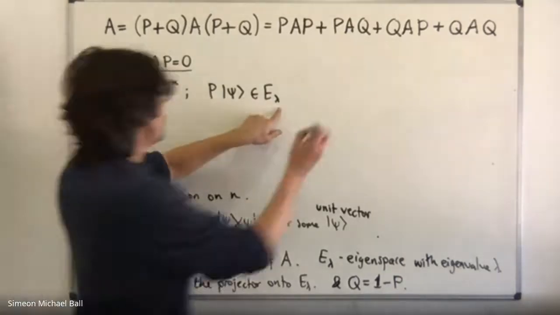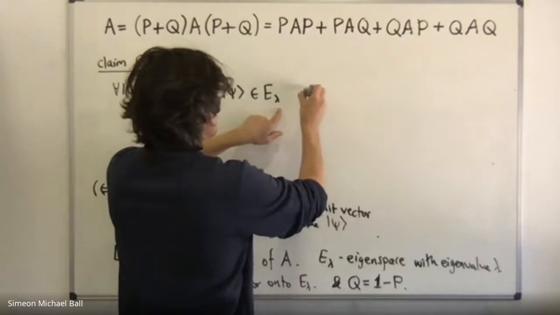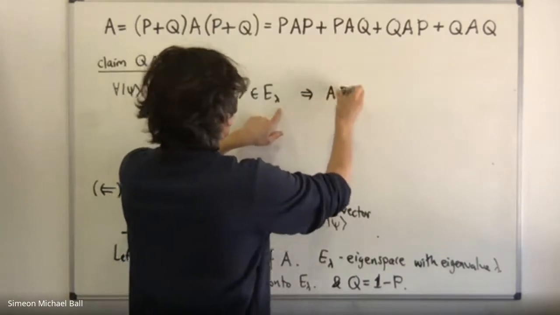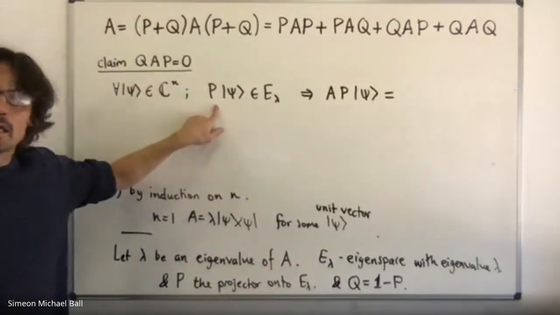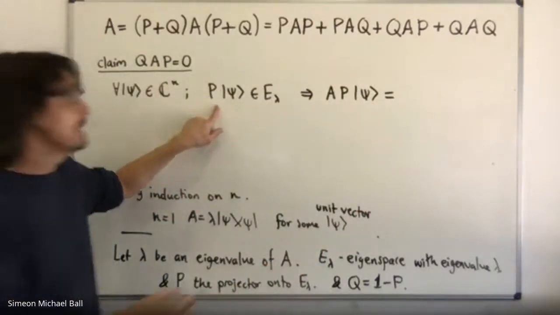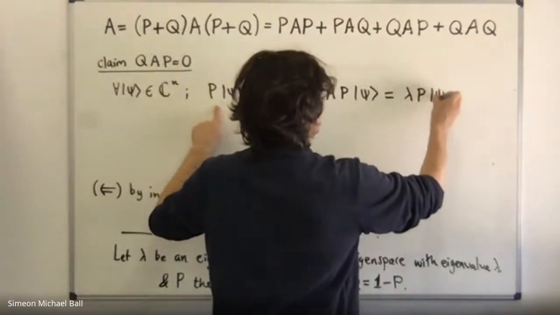So this implies that if I now go from AP, this is got to be an eigenvector with eigenvalue lambda.